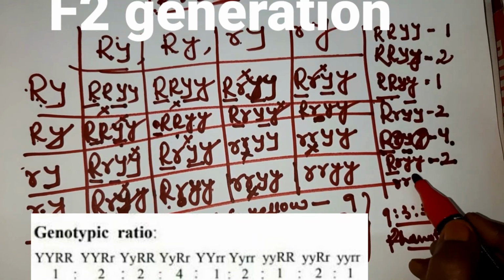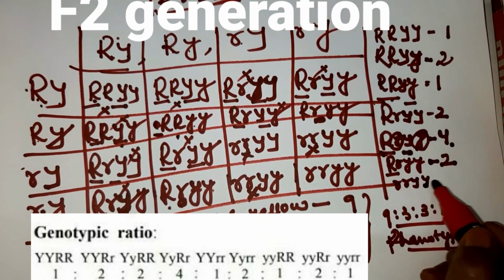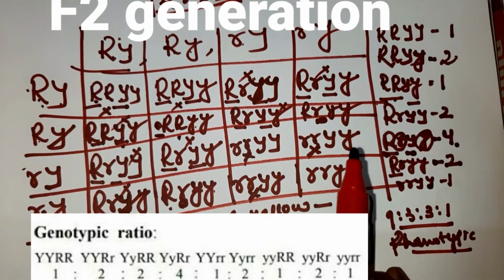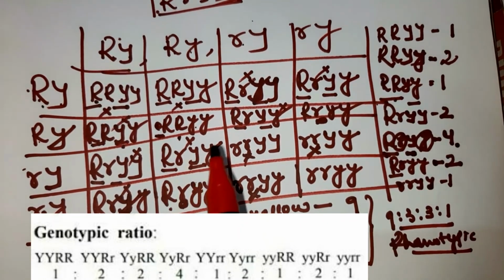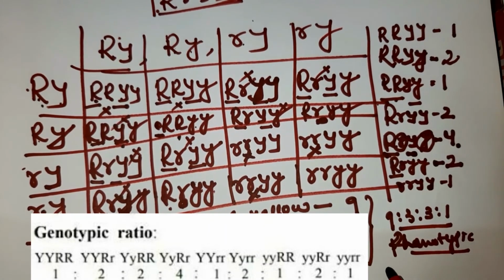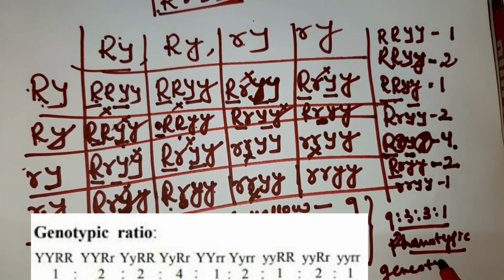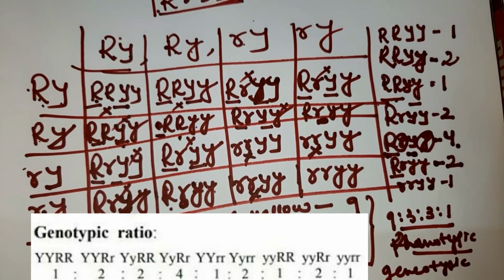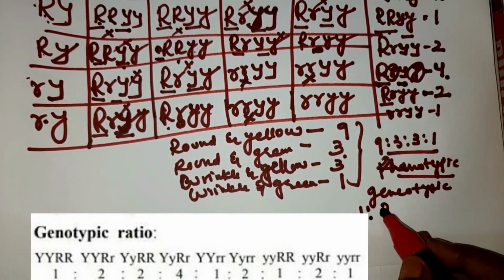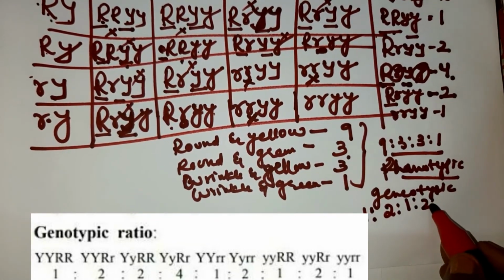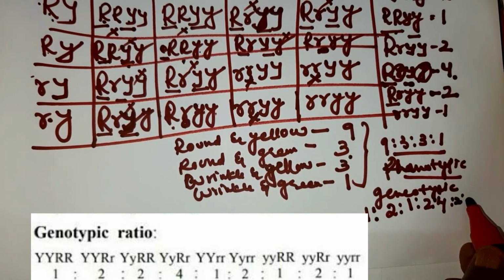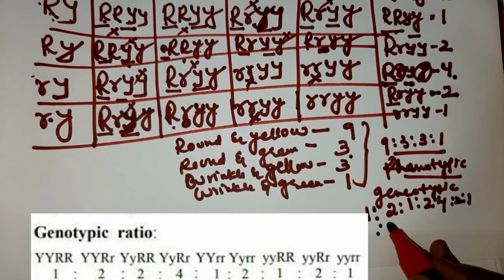And again small r, small r, small y, small y. You have 1. Like this, if you go on writing, children, each characteristic you have to write. If you go to the genetical background and write the ratio, we call this the genotypic ratio. So what is the genotypic ratio, children, for the F2 generation? 1:2:1:2:4:2:1:2:1.